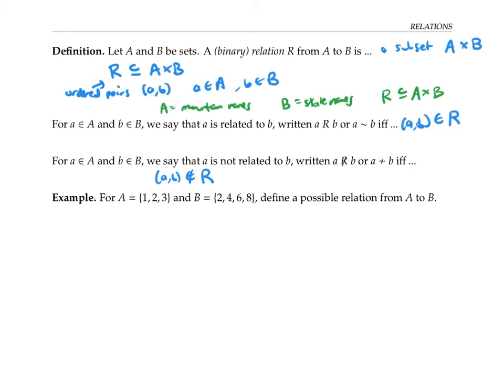So let's define a relation between A and B if A is the set of numbers 1, 2, 3, and B is the numbers 2, 4, 6, 8. There are lots of possible ways to define a relation because any subset of A cross B defines a relation.